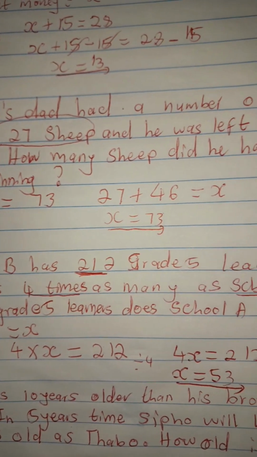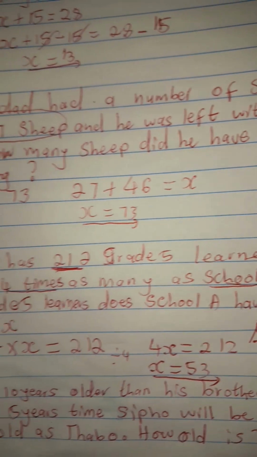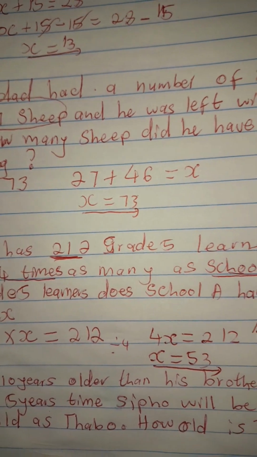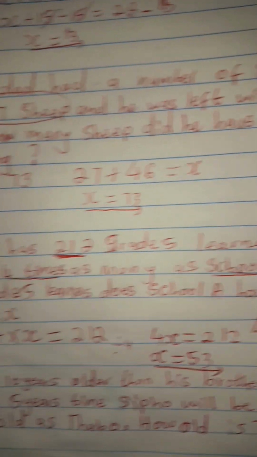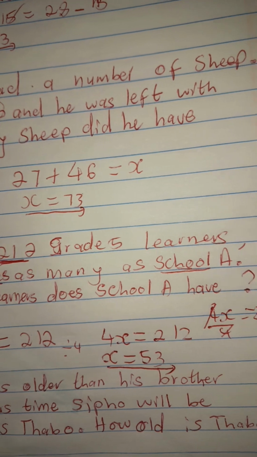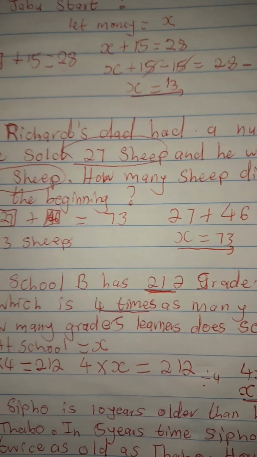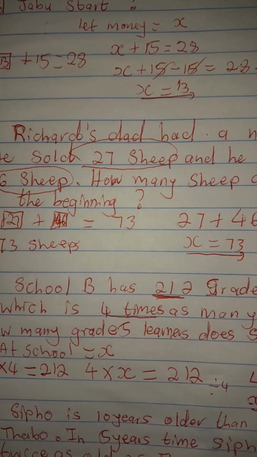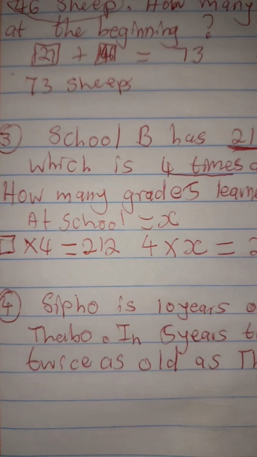Sipho is 10 years older than his brother Thabo. In 5 years time, Sipho will be twice as old as Thabo. How old is Thabo? Without wasting time, let's analyze this and find a solution.